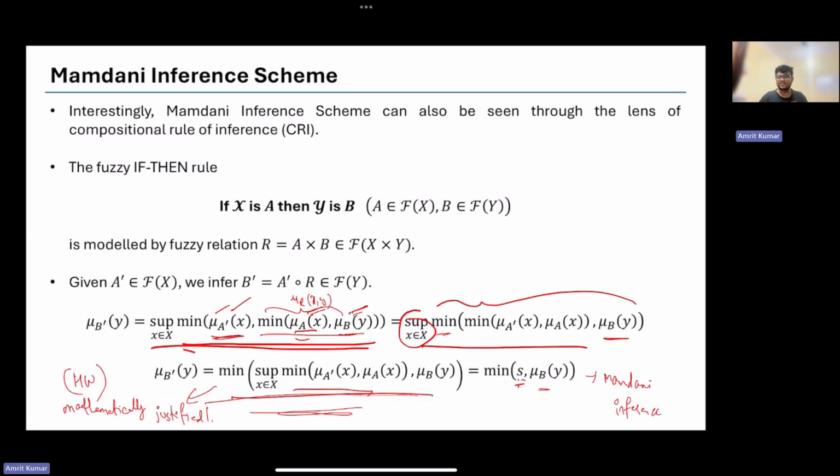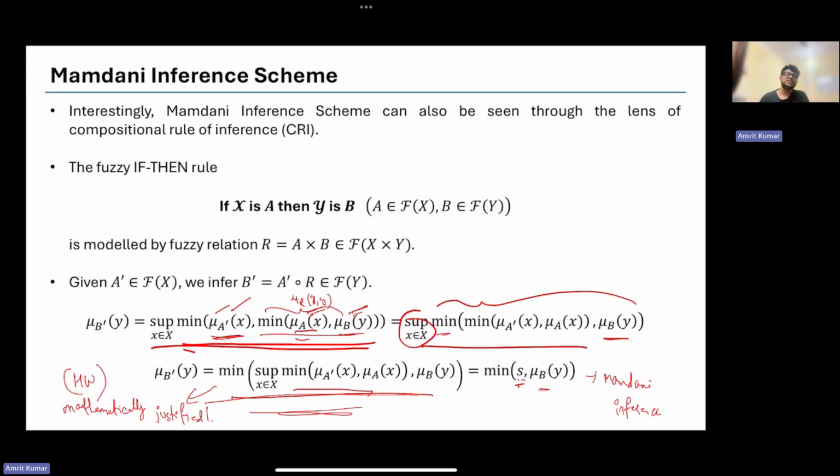So in other words, Mamdani inference scheme, which we defined as a specific example of similarity-based reasoning, can also be looked at from the lens of compositional rule of inference. The only difference is here you build your relation R using the minimum operation instead of a fuzzy implication, right?